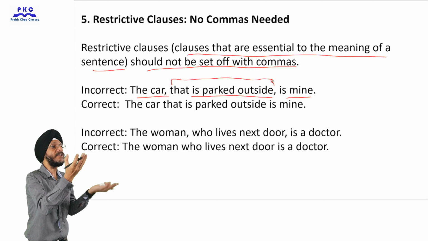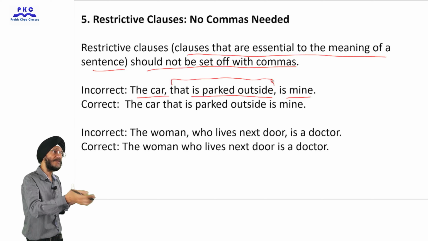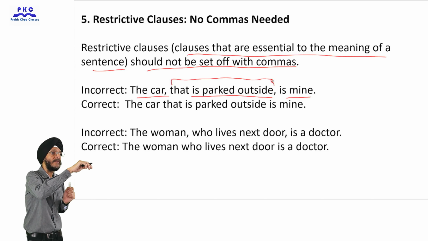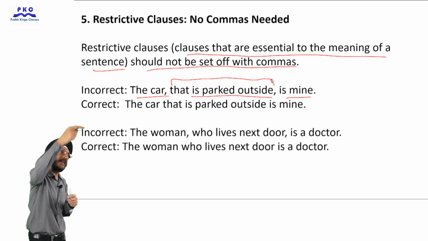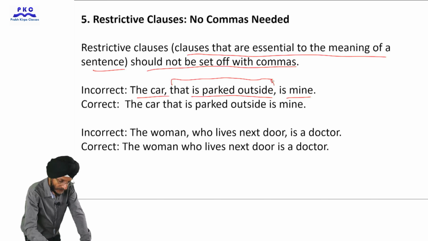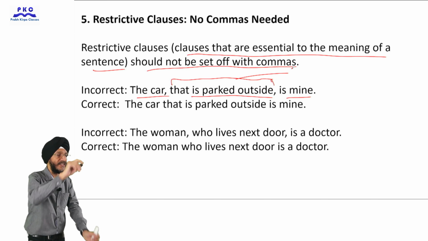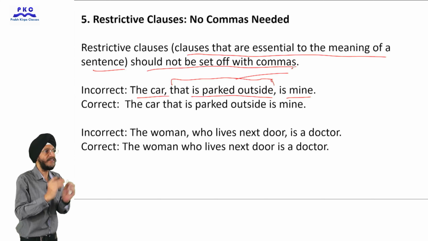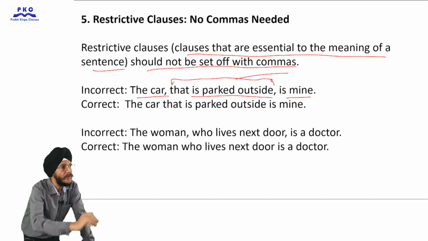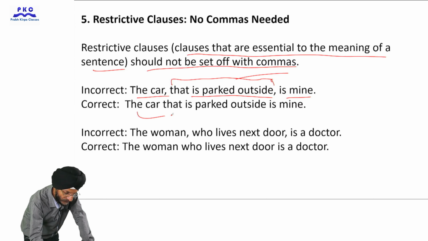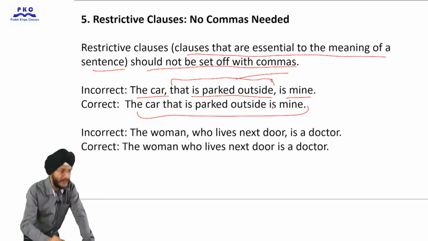Car is mine. Which car? The car that is parked outside. So this is a restrictive clause which is essential to the meaning of the sentence, and we should not put commas in case of a restrictive clause. So the correct sentence is the car that is parked outside is mine.